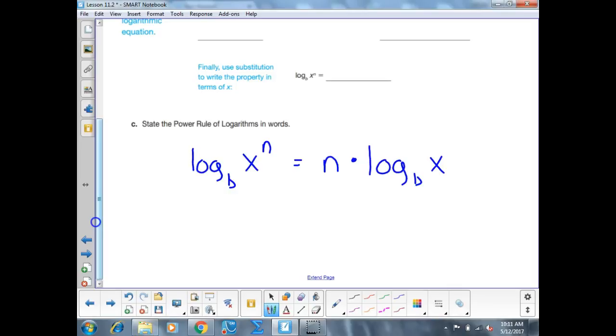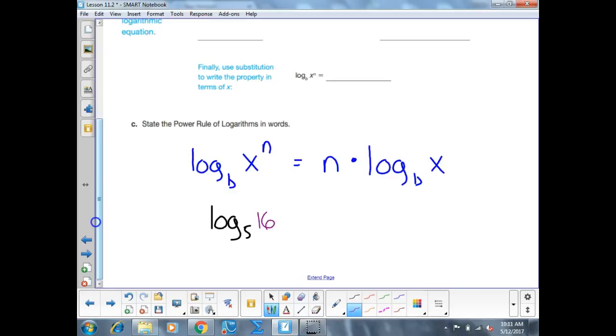Okay. So for instance, here, log base 5 of, I don't want to use x. I'll say 16.